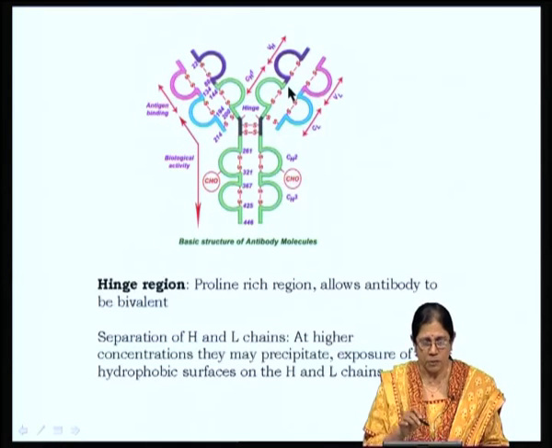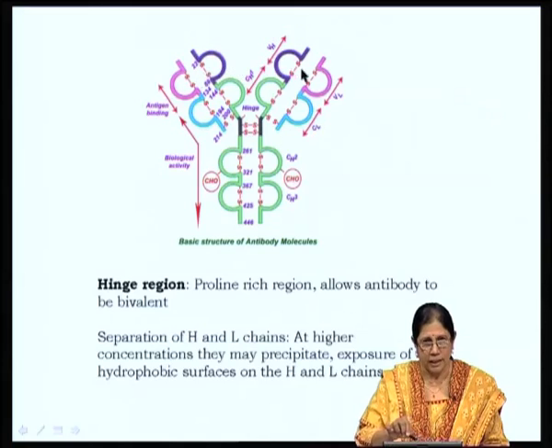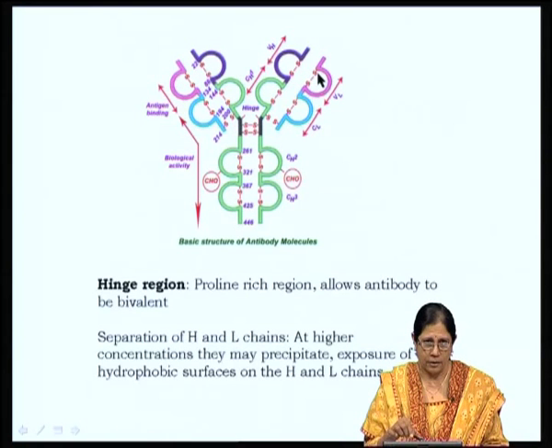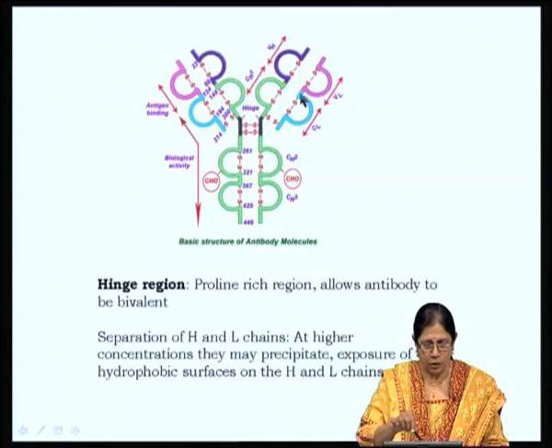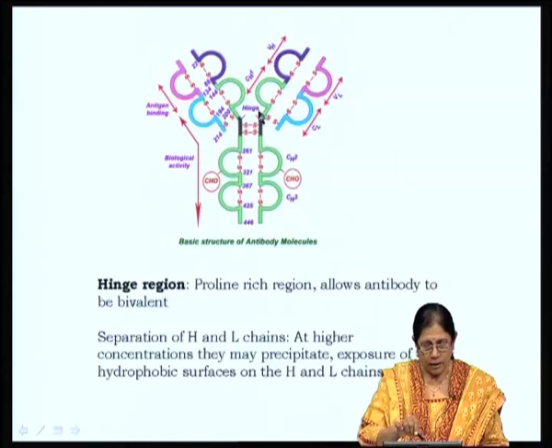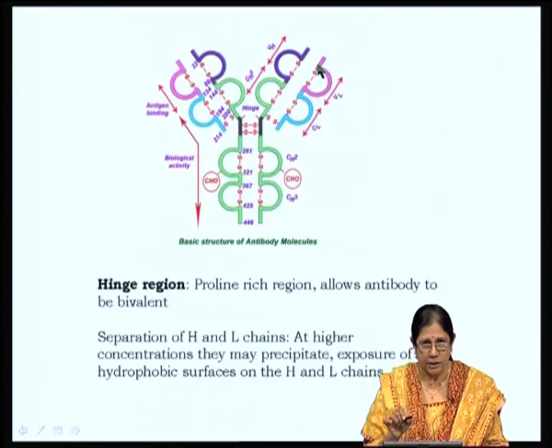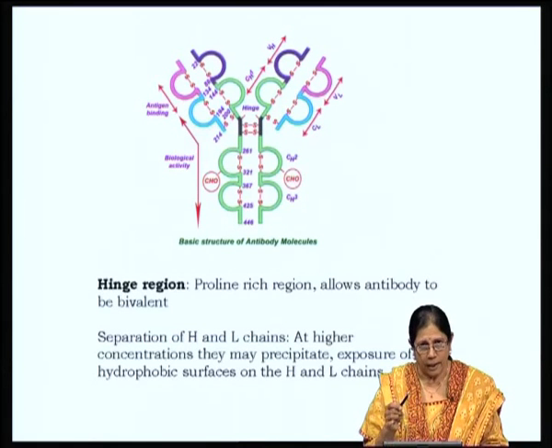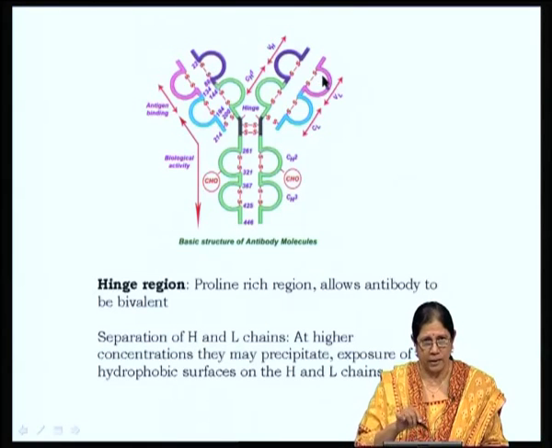Now, why should there be in the hinge region a number of prolines which give flexibility to the molecule? Because we do know that immunoglobulins are at least bivalent. Now, the monomeric immunoglobulin molecule, which is made up of 2 heavy and 2 light chains, can bind to 2 domains or antigenic determinants of an antigen, 2 at one time.